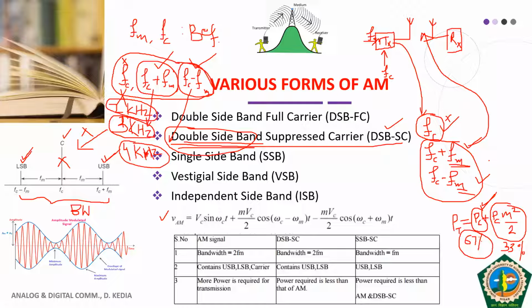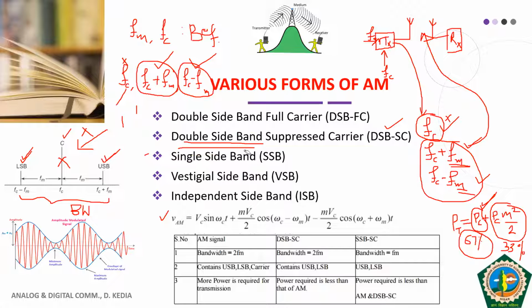Now, one last important point related to double sideband suppressed carrier. I thought some of you would ask a question about it. You need to notice that I'm not saying double sideband without carrier. I'm saying double sideband suppressed carrier. So what is the meaning of suppressed carrier that we need to understand?